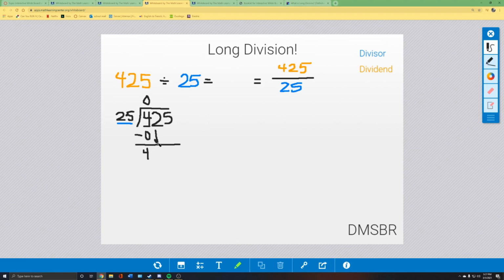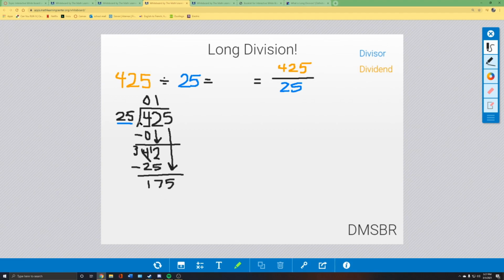Now we bring down the 2, making 42. Now we repeat, as the division is not over yet. So 25 into 42 goes once. 1 times 25 is 25. Subtract, and 5 doesn't take away from 2 very easily, so we do normal subtraction and get 17. 25 doesn't go into 17, so we bring down the 5 and get 175.